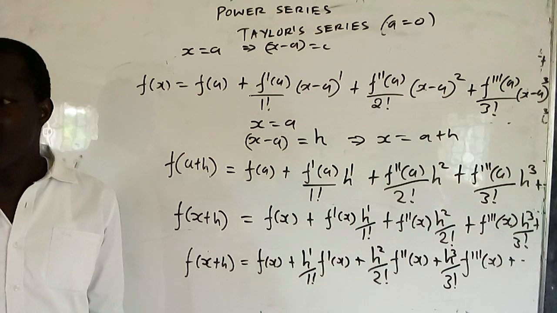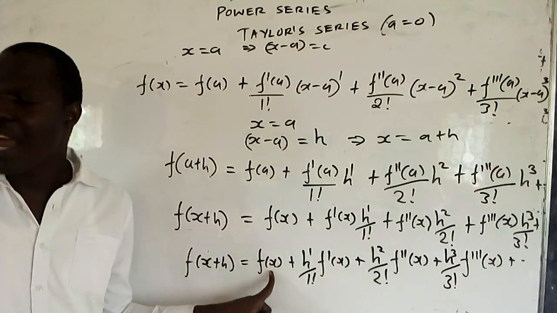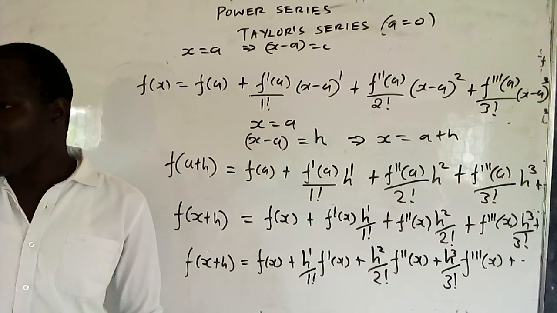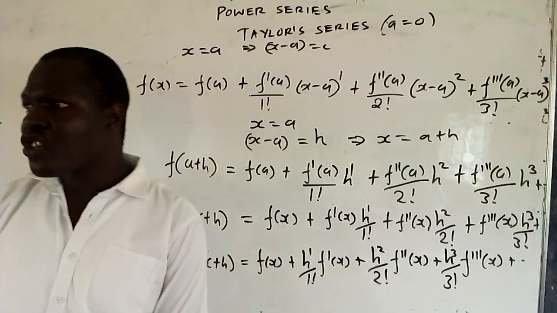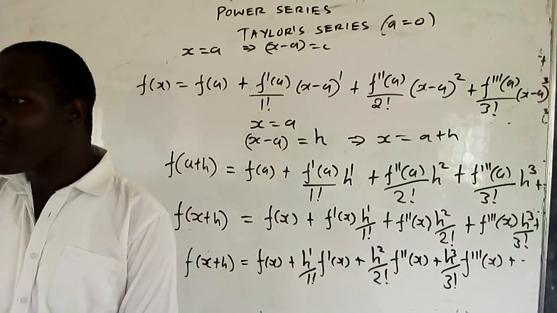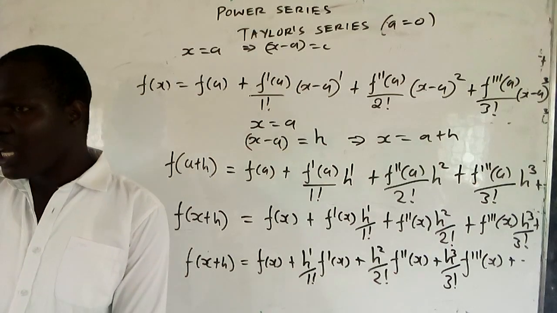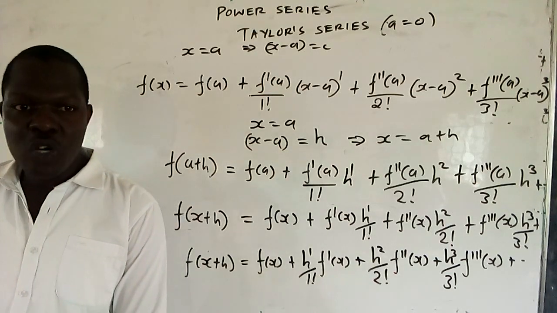If you want to expand the function f of x plus h, meaning it starts at the point f of x. Are we together? So it means in power series, there are 3 important series. The first series is the Maclaurin series, isn't it? And in the Maclaurin series, what have we seen?